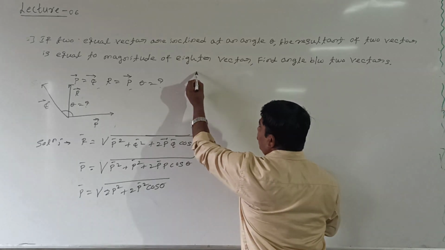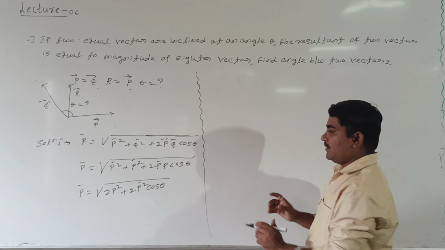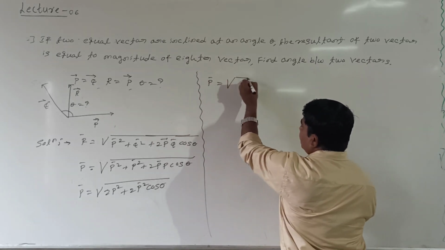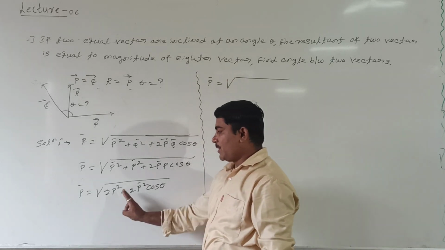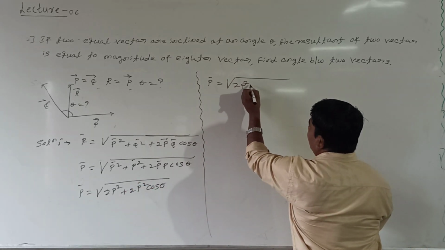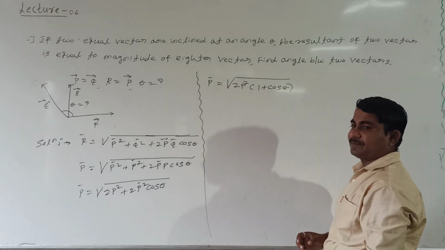Shall I simplify it again? Look here. P equals the square root of, and what is common? 2P square is common. If 2P square is common, then what is remaining? 1 plus cos theta.